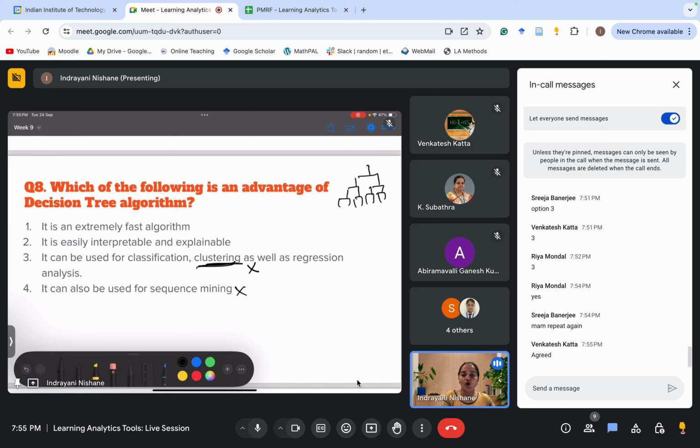Shrija, what point did you not understand? I will repeat only that point. You can unmute and tell me why you think option 3 is correct, and then I will be able to address your doubt better if you let me know your thought about this option.